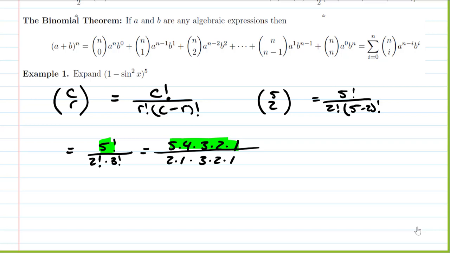And then we would have to simplify and see what we get. We'll notice that some of these things cancel out very nicely. The 1's reduce out, the 2's reduce out, the 3's reduce out. That leaves us with 5 times 4 over 2 times 1. So 20 over 2 reduces to 10. So 5 choose 2 is equal to 10.